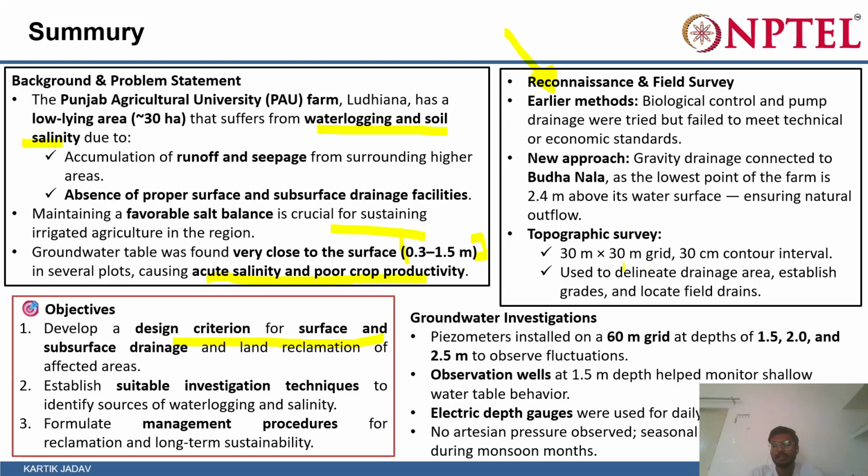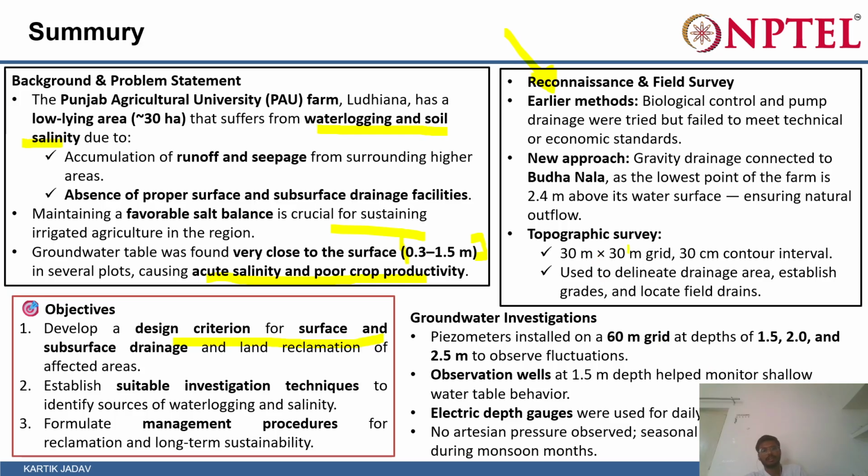They also did a topographic survey of the farm, delineated the drainage area, established grade and located field drains. Then they installed piezometers on a 60-meter grid at depths of 1.5 and 2.5 meter to observe fluctuation, and observation wells of 1 meter and 1.5 meter depth help monitor shallow water table behavior.